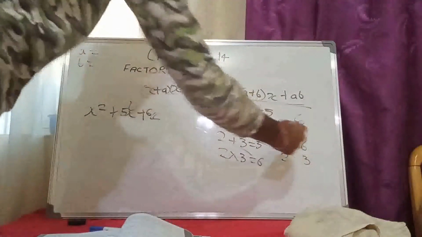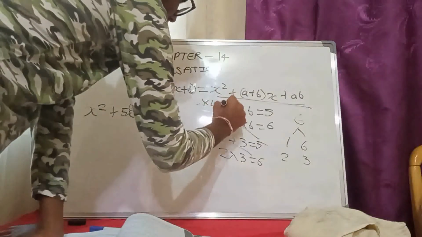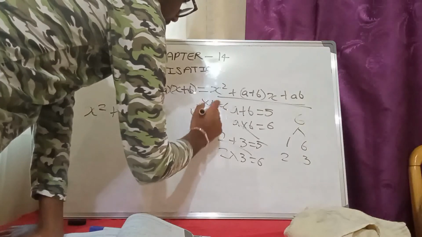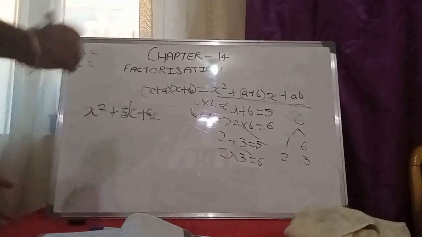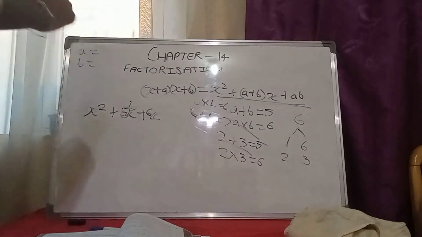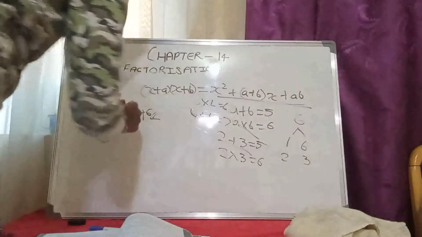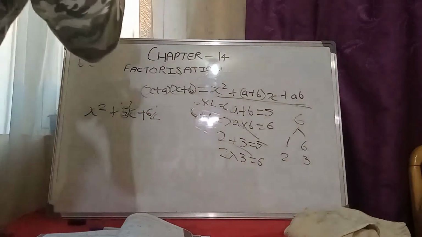If we take 6 and 1, 6 into 1 will of course be 6, but 6 plus 1 will be equal to 7, but here it is 5. So this is why it does not satisfy. We have to find the factors such that it can satisfy 5 and 6. So that's why there are 2 and 3.